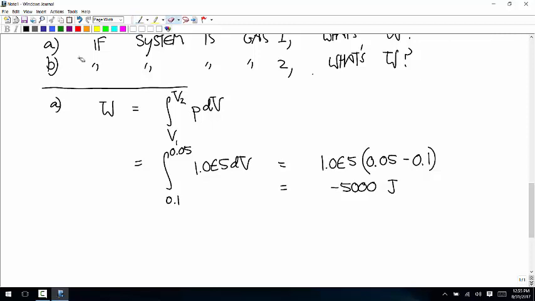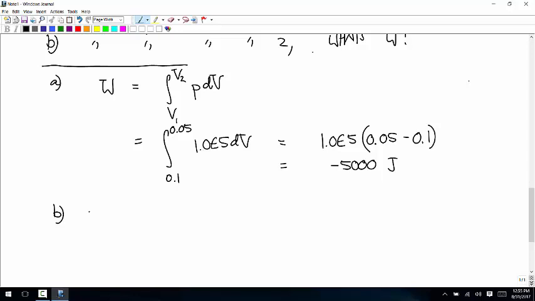Does it make sense that W is negative here? Yeah, because that gas is being compressed, and so the work is negative. And then the second one, do the same way. So this time the boundaries of integration are 0.1 to 0.15.